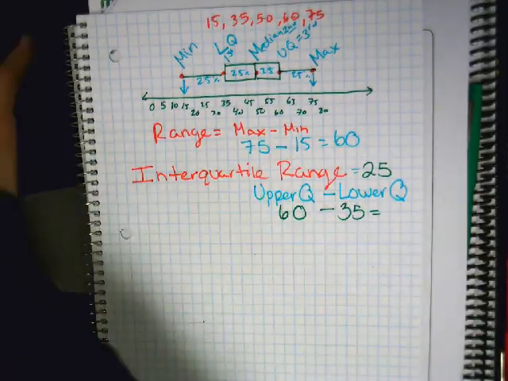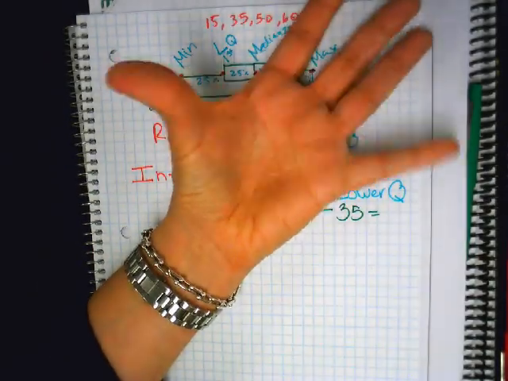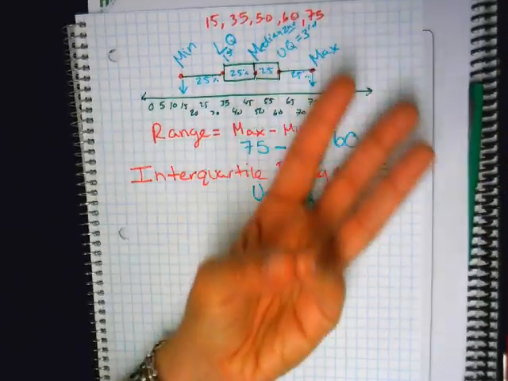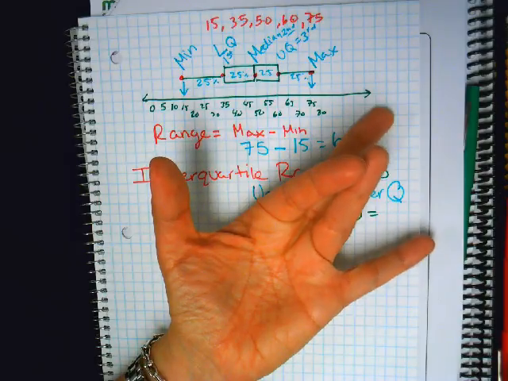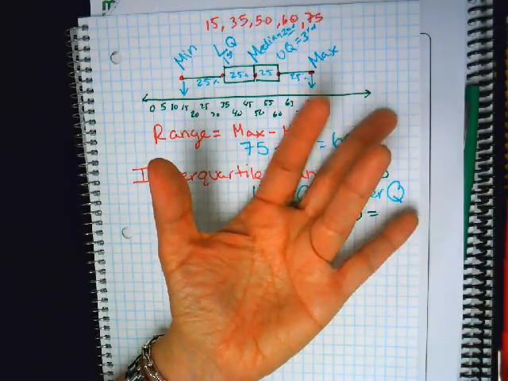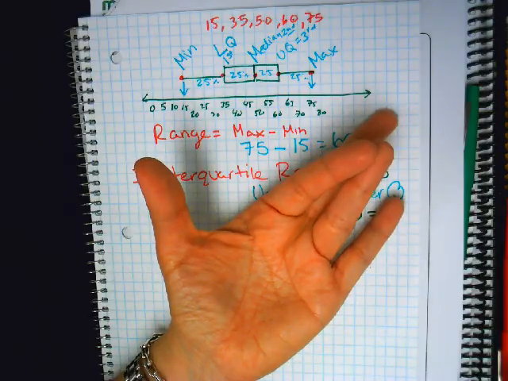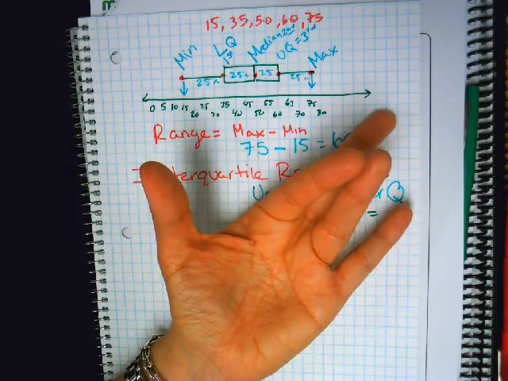So, like what I like to do with my fingers. Range is this, when you put your pinky and your thumb together. Inner quartile range, this one hurts, is when your ring finger and your index meet. Can you make them meet on your left hand? That's your inner quartile.